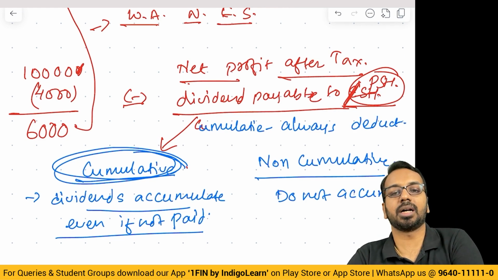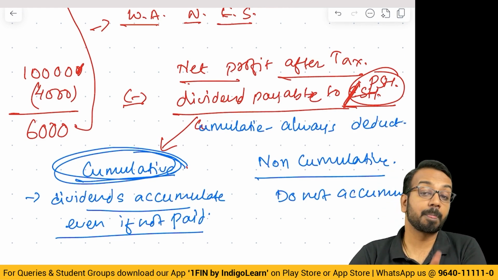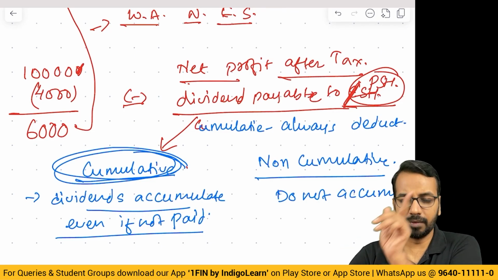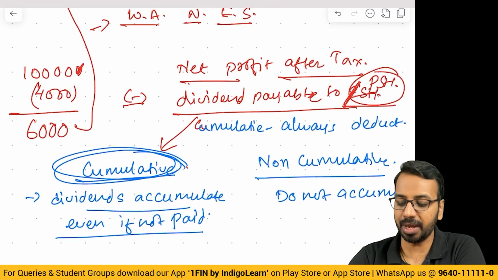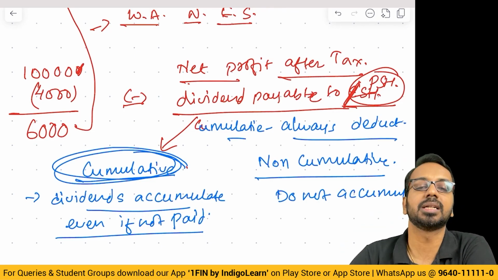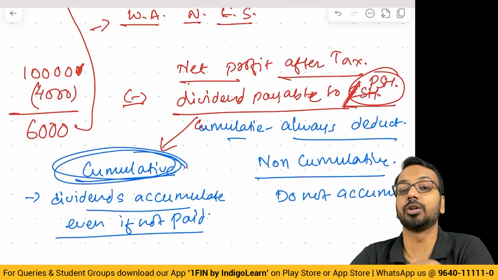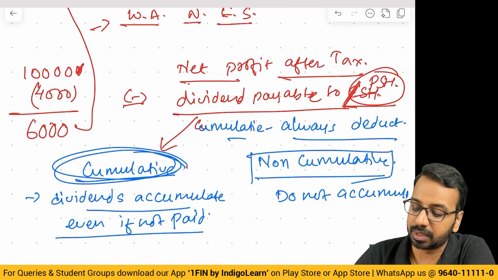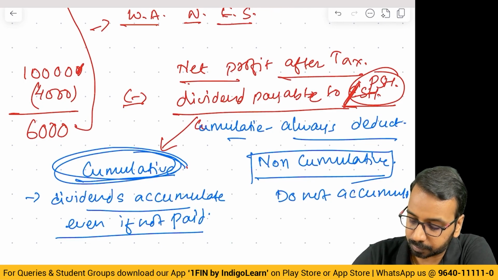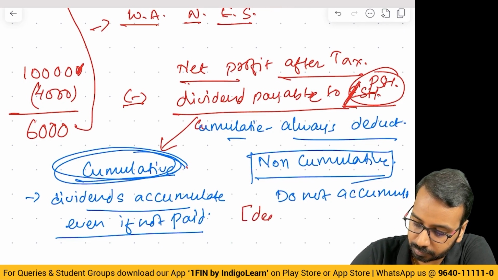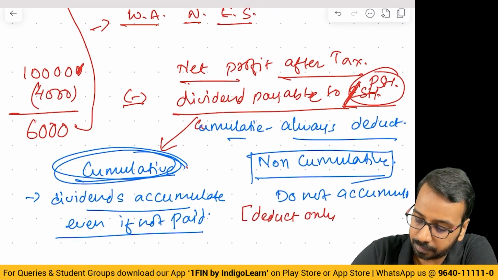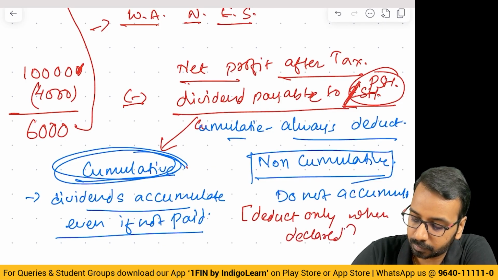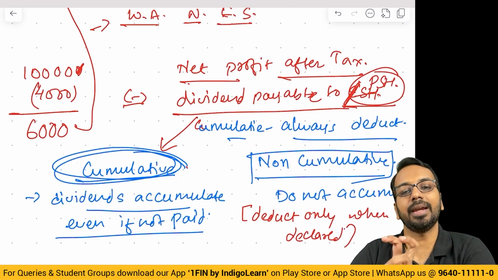Sir, why will we always deduct? We will always deduct because it has to be paid in the future. Whenever you pay to the equity shareholders, you have to pay. So you will always deduct this dividend attributable to cumulative preference shares. If it is non-cumulative, then deduct only when declared.